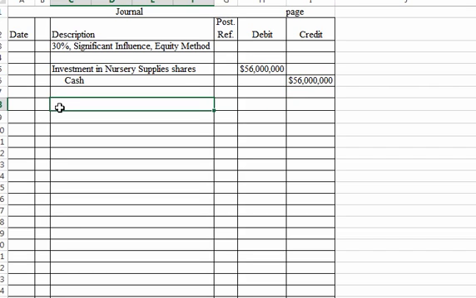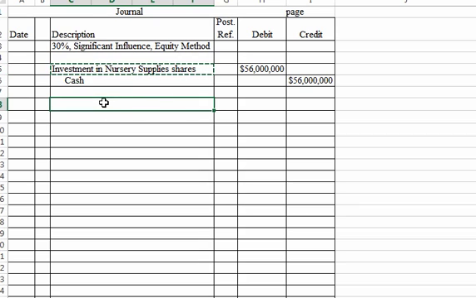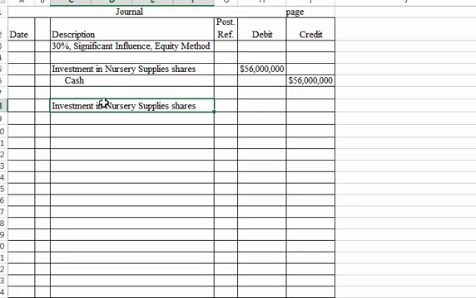Okay, then it said during the year Nursery Supplies earned net income of $40 million. Well, when we're using the equity method and the company that's owned, or the investee, earns net income, then that's going to increase the balance of our investment account. So we're going to debit this account again for Florist International's share of Nursery's net income.